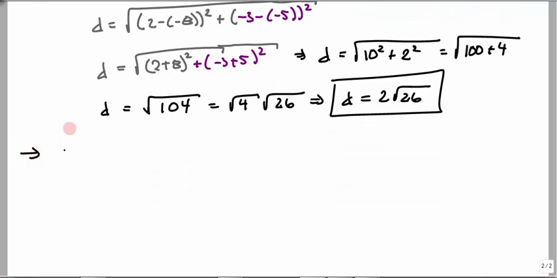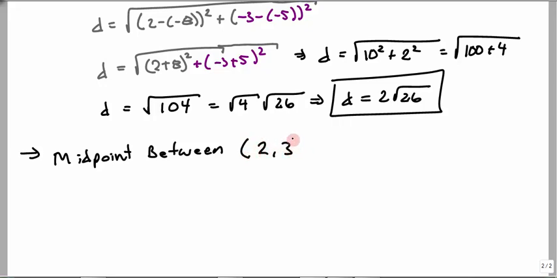So for midpoint, I might be trying to find the midpoint between two ordered pairs. So I'm trying to find the middle value. Let's do 2, 3, and then let's do 4, 10.